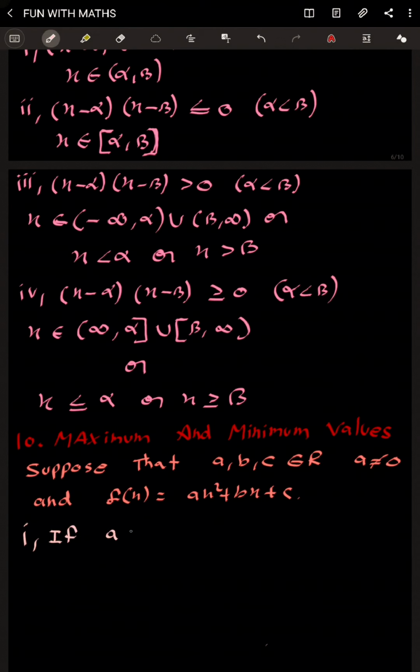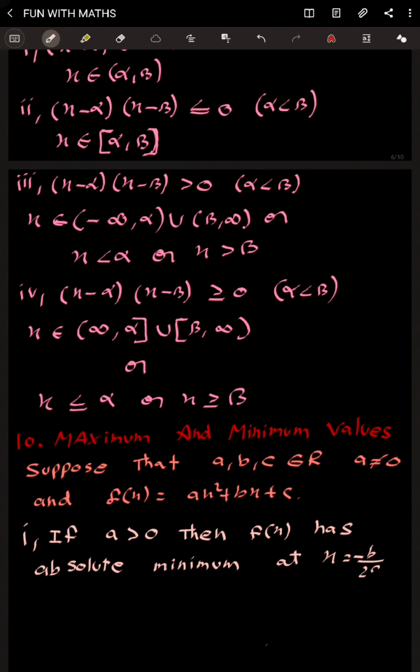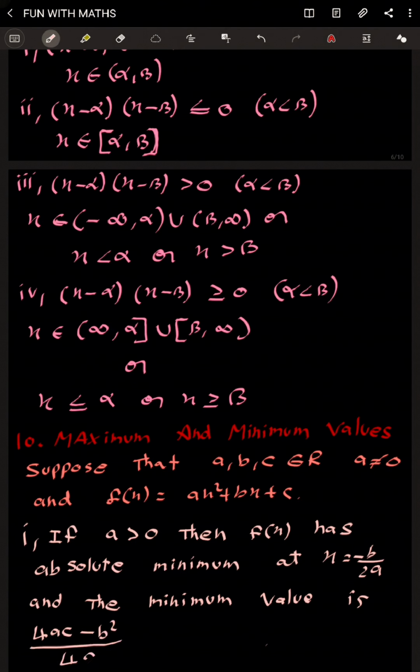First case, if a greater than 0, then f of x has absolute minimum at x equal to minus b by 2a, and the minimum value is 4ac minus b square by 4a.